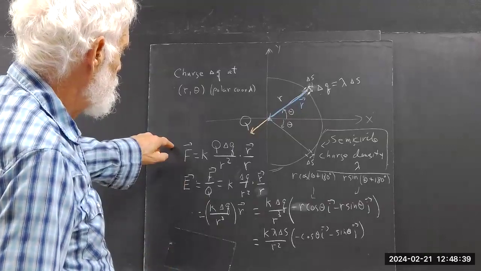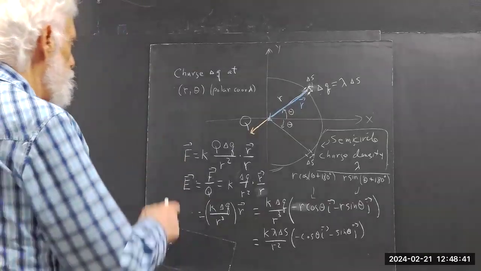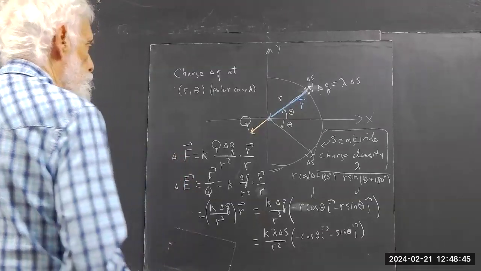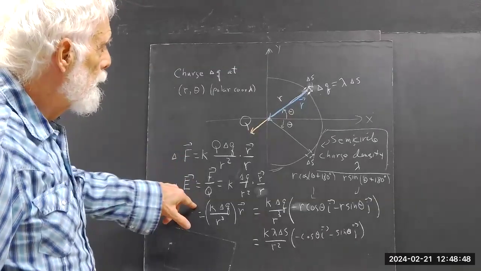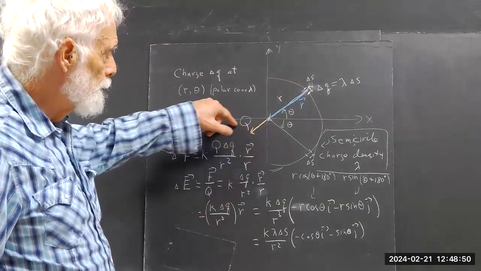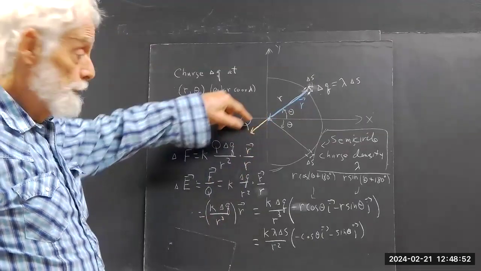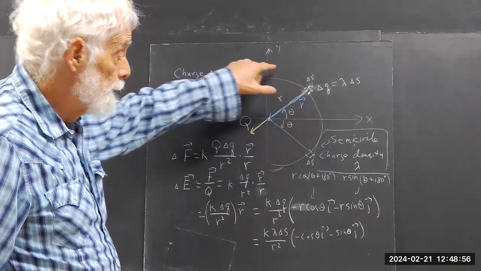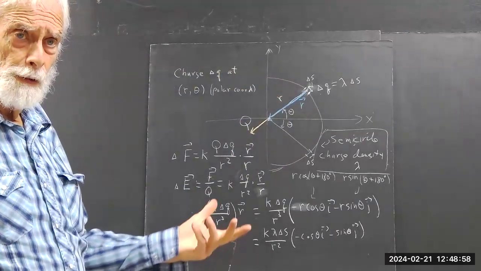Now, instead of F and E, I'm going to call this delta F and call this delta E, because these are now contributions to the net force on this test charge due to all the charge on this semicircle. That make sense?